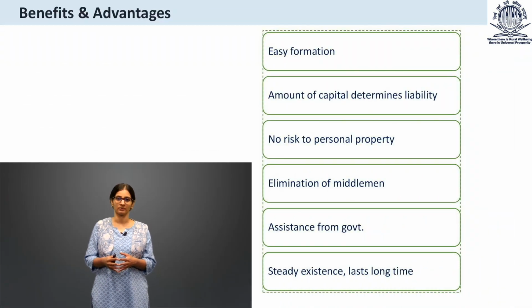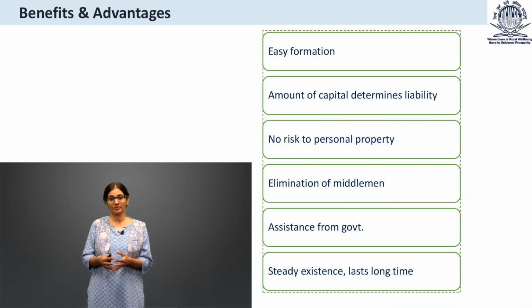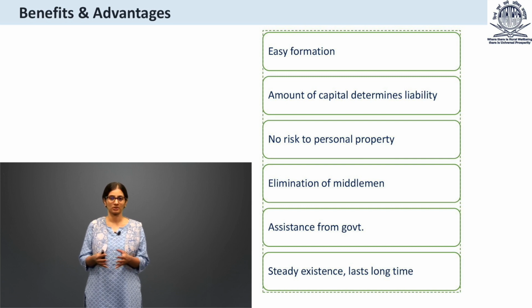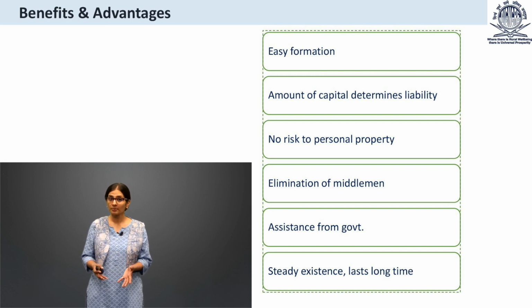There are also advantages of being a part of cooperatives. The formation of a cooperative is very easy. Persons having common interests can form a cooperative society. The amount of capital contributed by each member determines the extent of their liability. And members don't face any risk to their personal property due to business liability, unlike in the case of sole owners and partners.